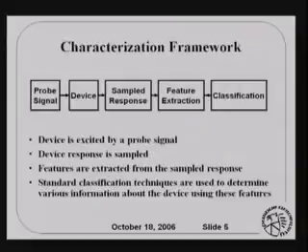Here is the device characterization framework, which is fairly general. It's not just applicable to the devices we are describing here, that is cameras and scanners, but to many other devices as well, like RF devices and so on.